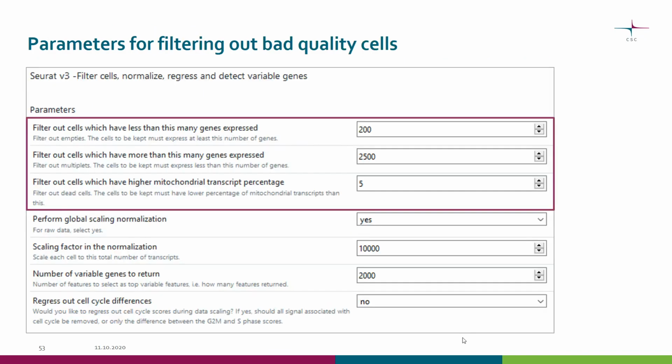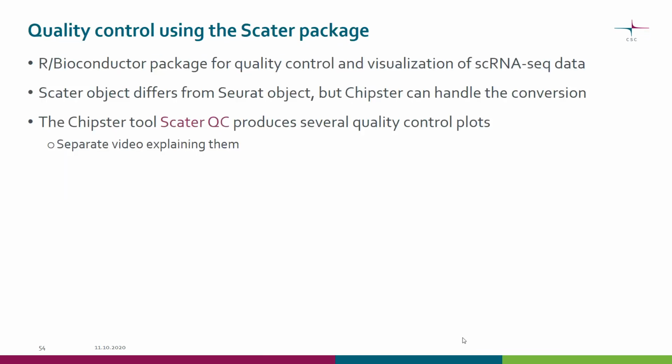So far, both these tools I showed are based on the scRNA package, but I would like to point out that there is also another package called scATR, which is very good for quality control. scATR is a Bioconductor package. It has very rich functionality for quality control and visualization of single-cell RNA-seq data. scATR has its own object structure.